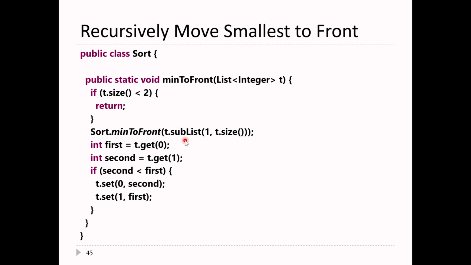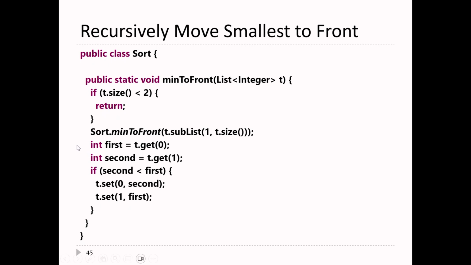So I can use sublist for that. So sublist returns the part of t starting at index 1, going up to but not including t dot size, so going up to element t size minus 1, which is the last element of the list. So that recursively finds the smallest element in the list, excluding the first element.